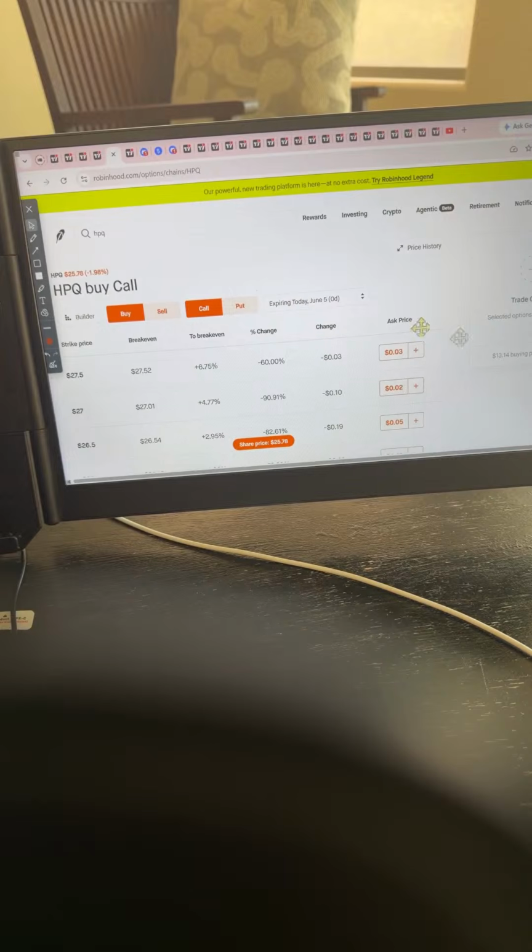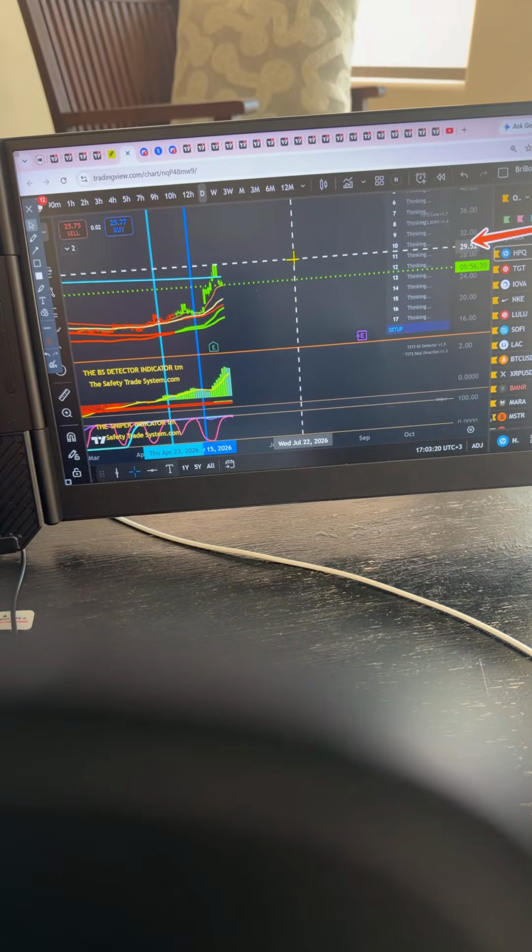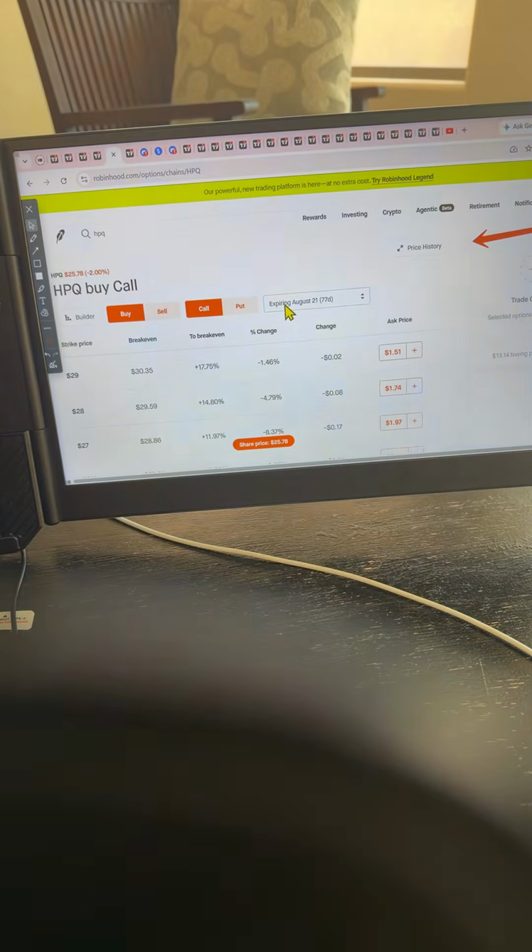We're going under the buy, call, open position. You notice we're never doing sells. Not saying we can't, but we're just not doing them. We're going out from June 5th to maybe August 21st. We're going in for our strike price, based on what we're looking at, about 29, 30, and probably higher.